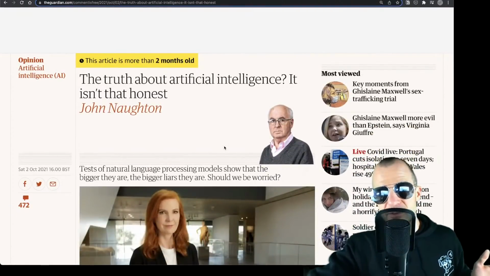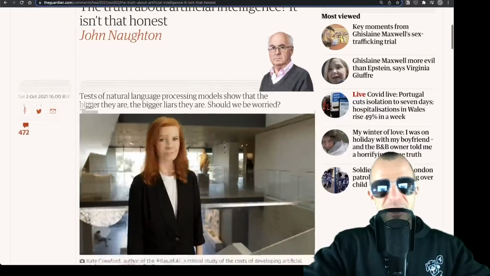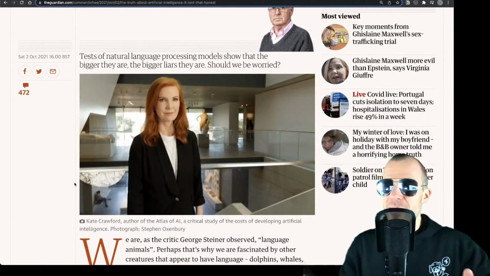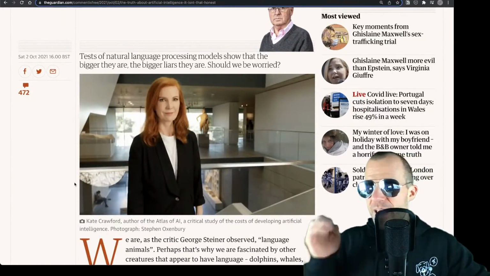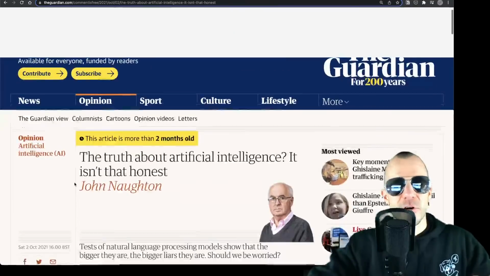"The Truth About Artificial Intelligence: It Isn't That Honest," also by John Naughton, in which I rant a lot about this TruthfulQA benchmark, but I have never, ever seen anyone butcher it so hard as John Naughton of The Guardian.